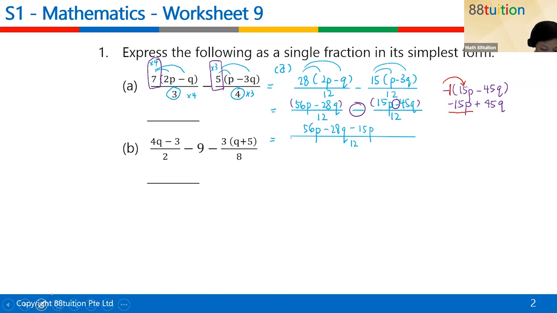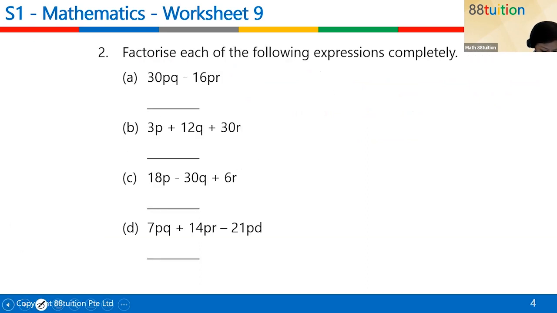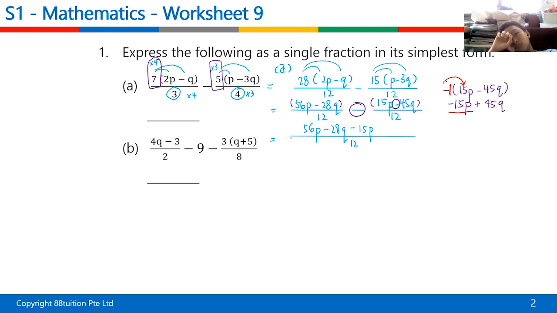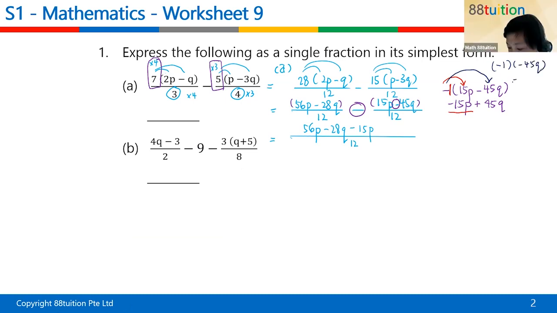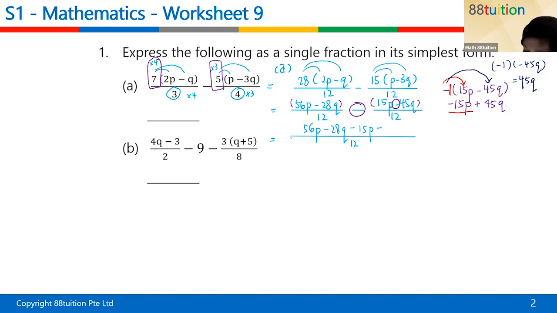Then minus 1 multiplied by minus 45q gives me 45q. That's where I have to plus my 45q here. So this one must be plus or minus? Plus. Good. 45q. Excellent.